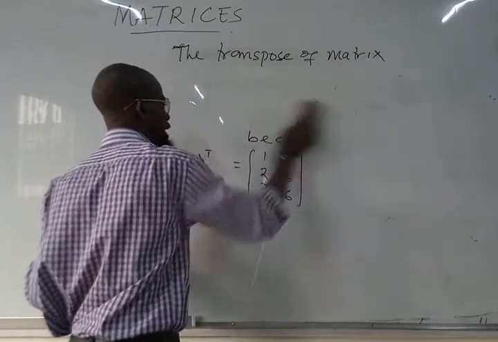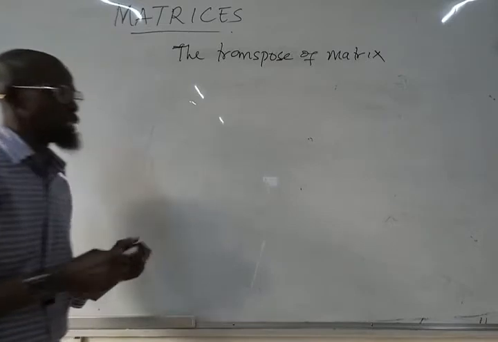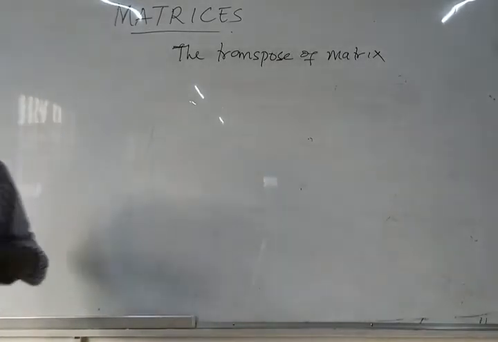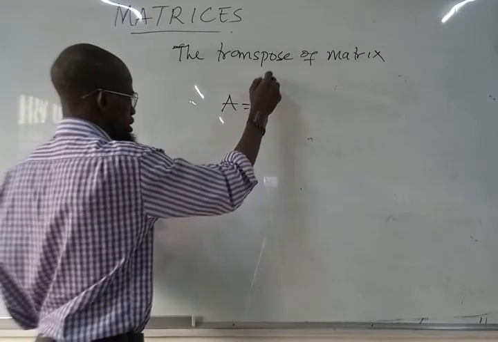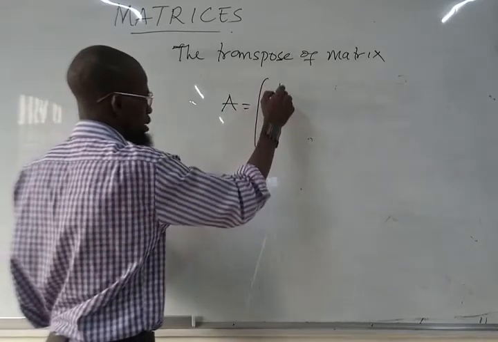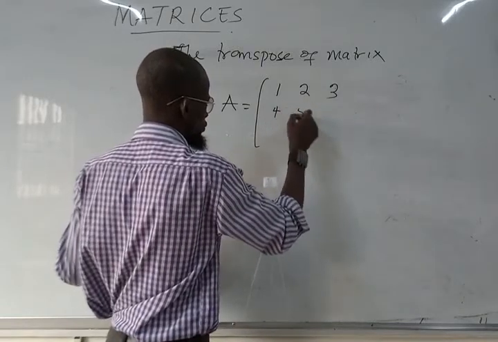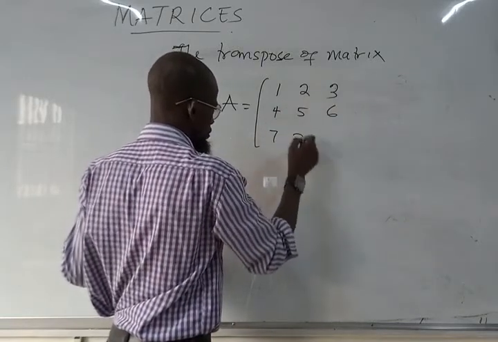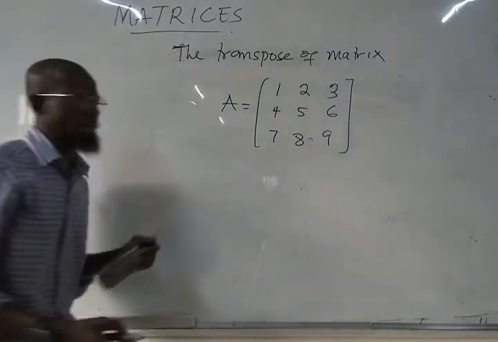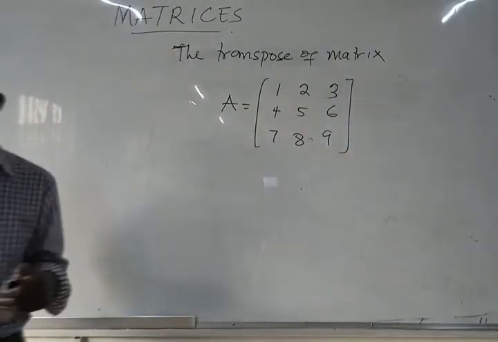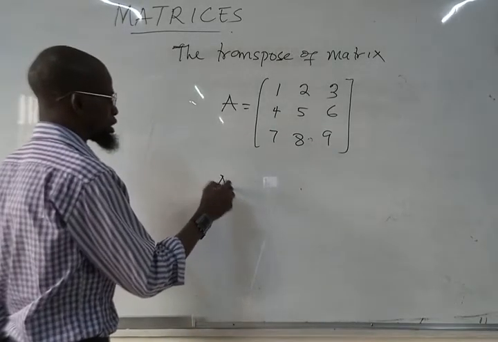Let's see an example of a square matrix. Suppose we have a matrix A with these elements 1, 2, 3, 4, 5, 6, 7, 8, 9, and we are asked to find the transpose of the matrix.